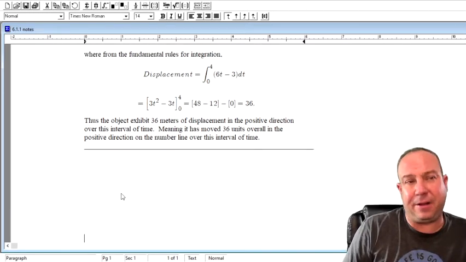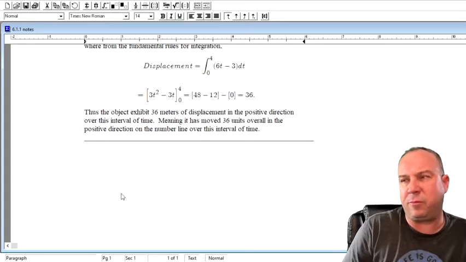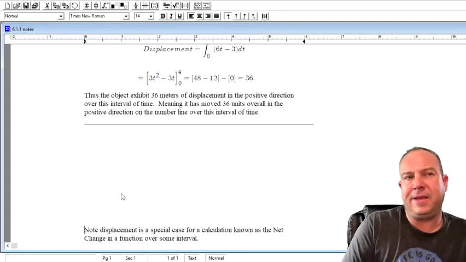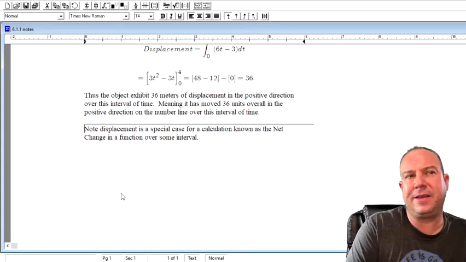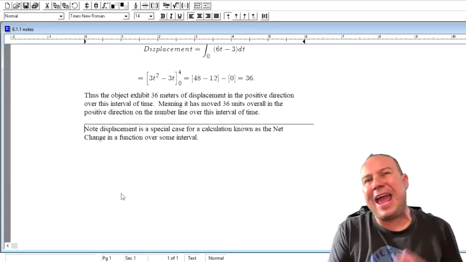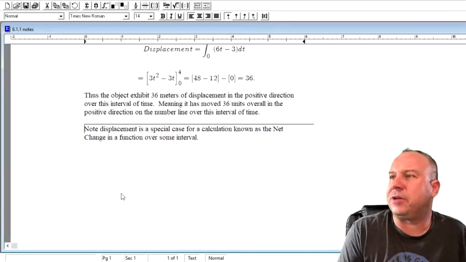Displacement is itself a very specific case of a more general idea in the calculus. And that is what's known as a net change calculation.